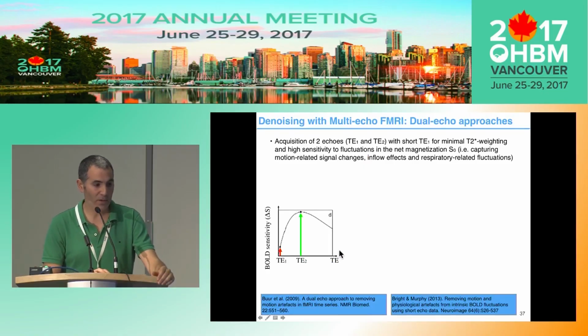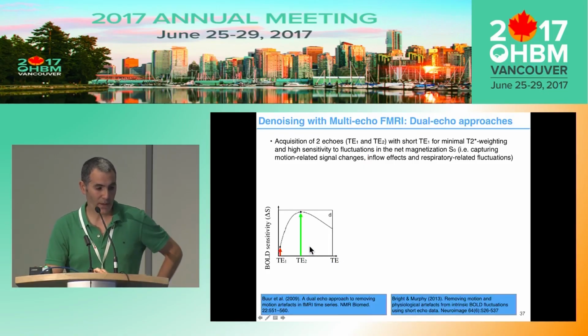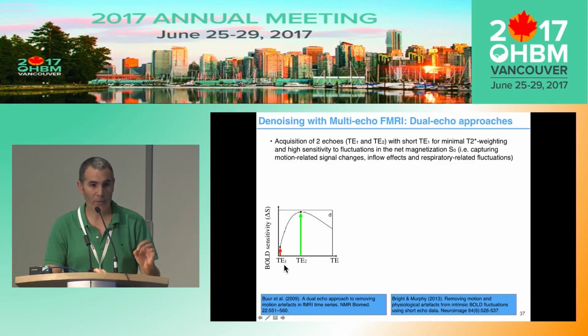But in terms of denoising, if you have a dual echo approach where you record just 2 echoes, then you can acquire a very, very short echo time, and that signal will be mainly weighted and susceptible to changes in the neck magnetization that is capturing motion-related effects, inflow effects, and respiratory-related fluctuations.